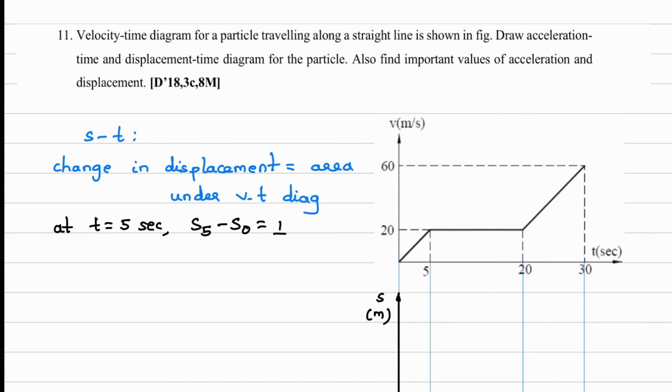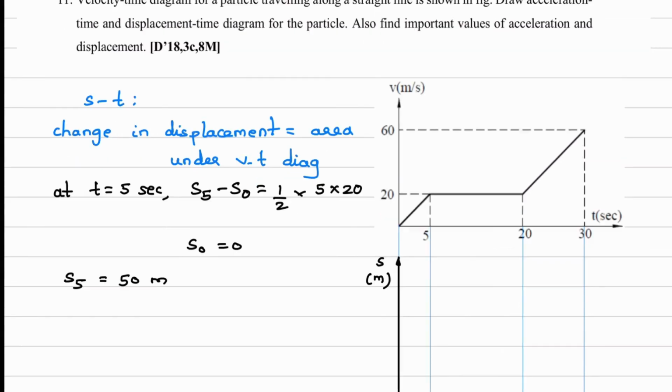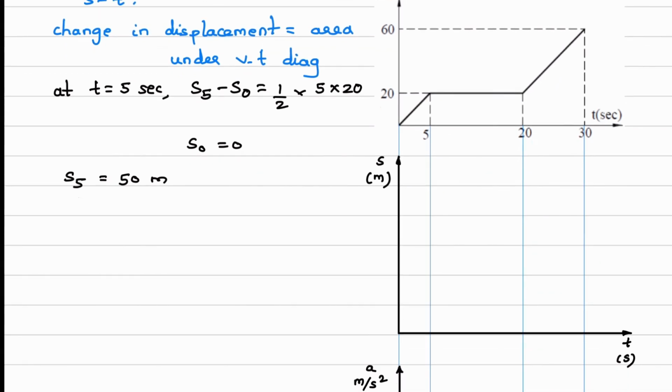So half into 5 into 20. Now S0 is 0. So from here we have to calculate S5. So S5 is equal to 50 meter. Okay, so this S5 value is 50 meter.